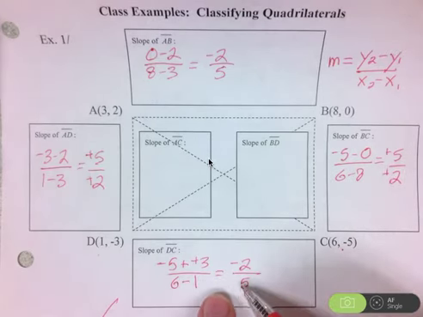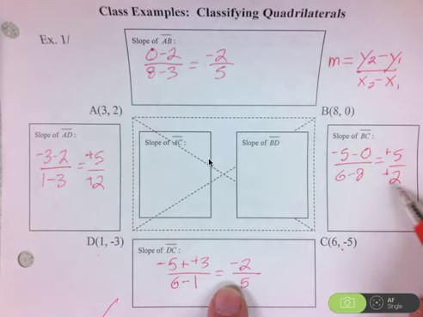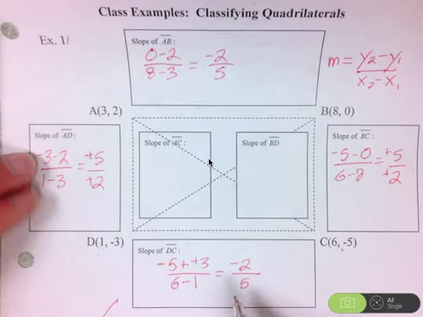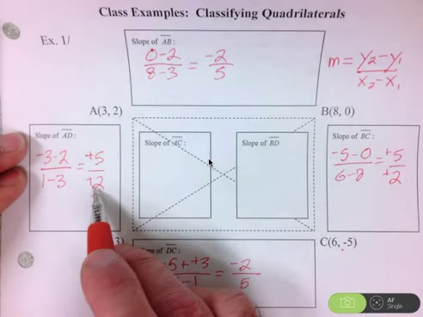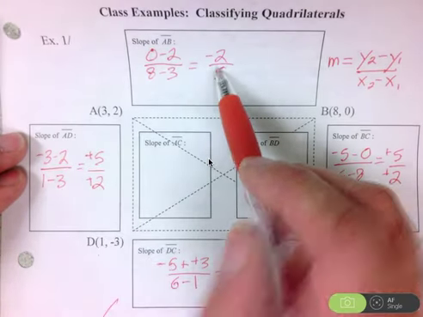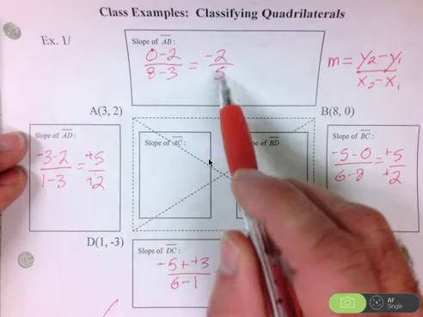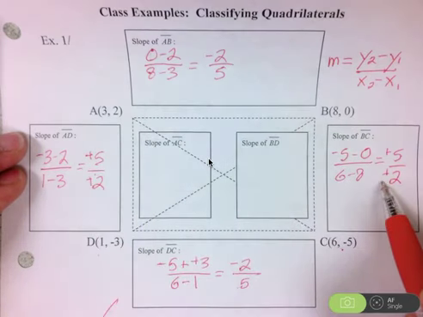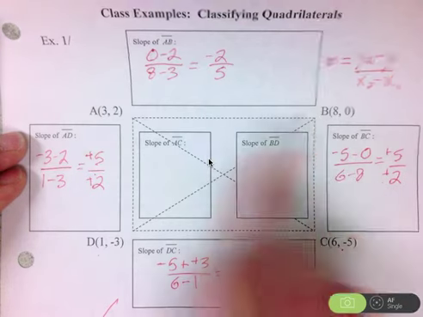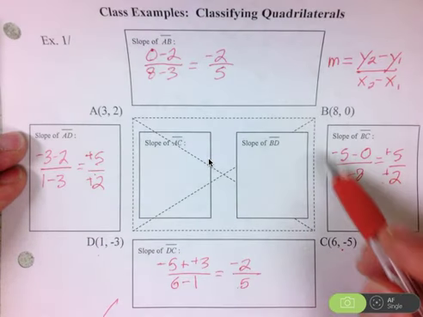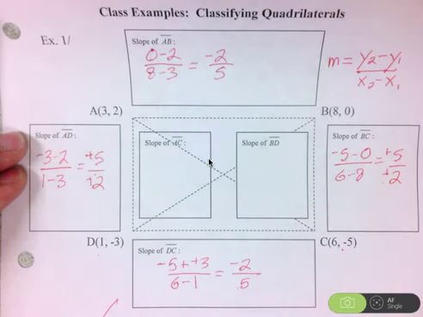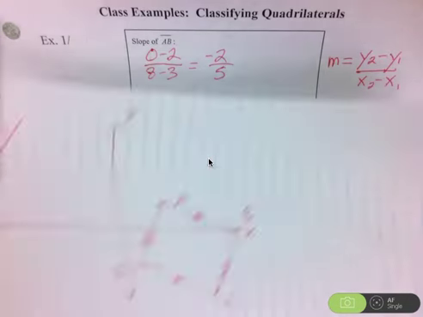So negative 2/5 is not just the reciprocal of this, but it's also the opposite of this. Same thing here, negative 2/5, 5 over 2. Same thing here, negative 2/5 and 5 over 2. Negative 2/5 and positive 5 over 2. That tells me at each of these vertices, those segments are perpendicular. That gives me 4 right angles.